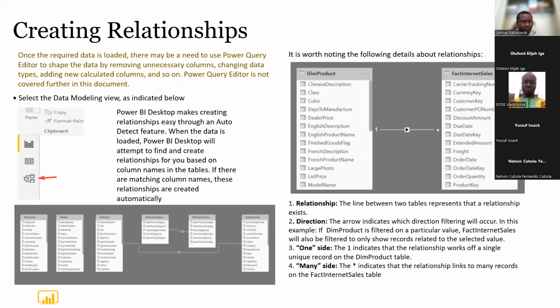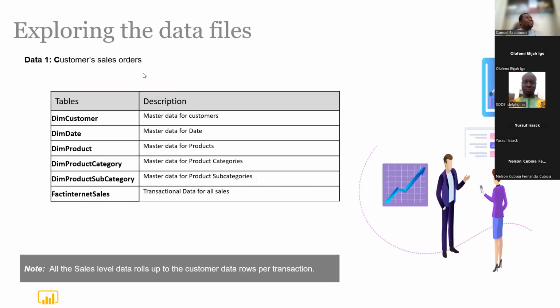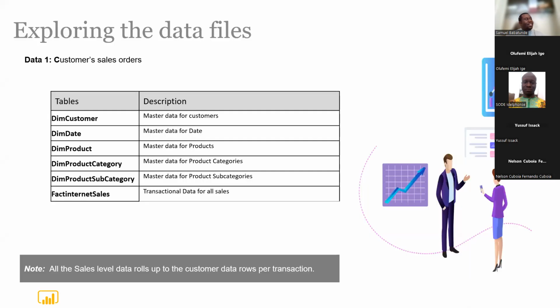Excuse me, please. Yes, go ahead. According to this presentation, you have data modeling relationship as a third subtopic. What were the first two? Sorry, what are the other two? If we have right now, number three is... Okay, I see. The first two are this. Sorry, I didn't present when I was... The first one was to get and transform your data, right?